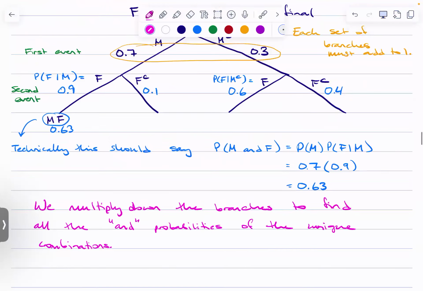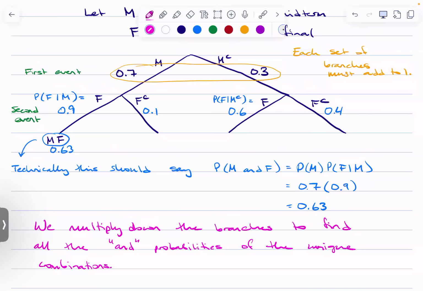It's also a nice way to outline what all the possible unique combinations are. And so at the end of each branch, like I said, I like to do a little reminder of what the combination is at the bottom of each branch.